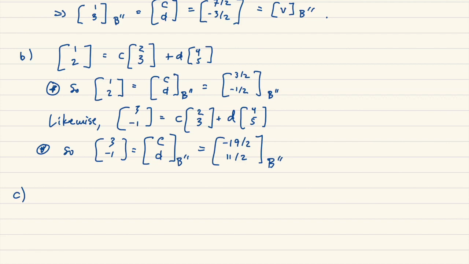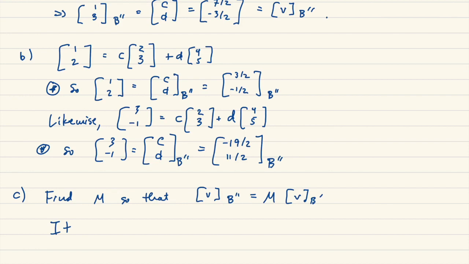And then, before I ruin the story here, remember what we wanted: we wanted to find M so that the vector V with respect to the basis B double prime is equal to M times the vector V with respect to the basis B prime.